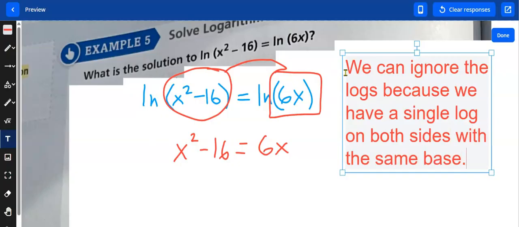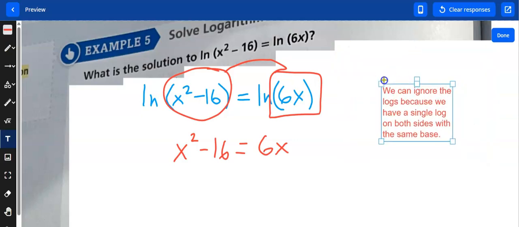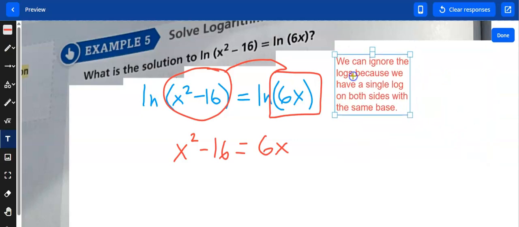By the way, what is the base of this logarithm? E. Thank you very much. Natural log. Remember, naturally. That's my dumb way of trying to remember it. Right? So, we literally are going to ignore the logs. Well, now what are you going to do?